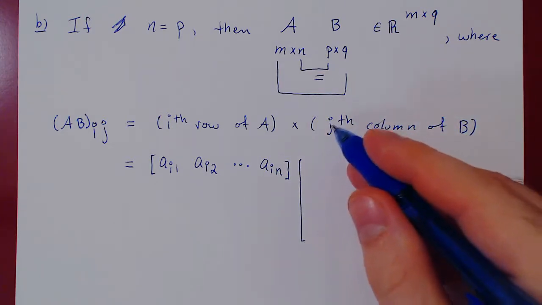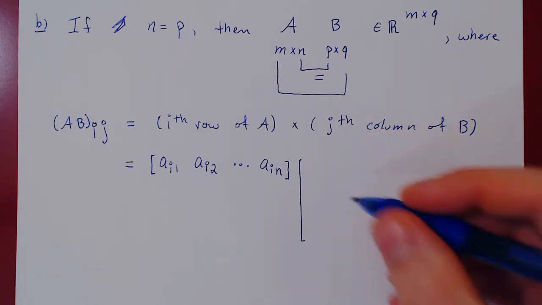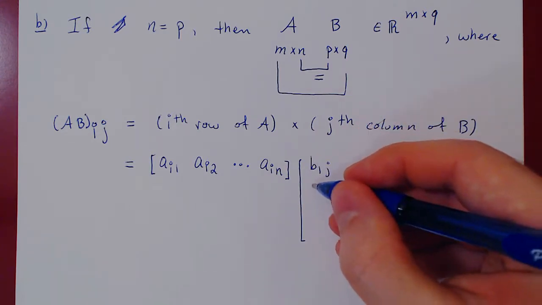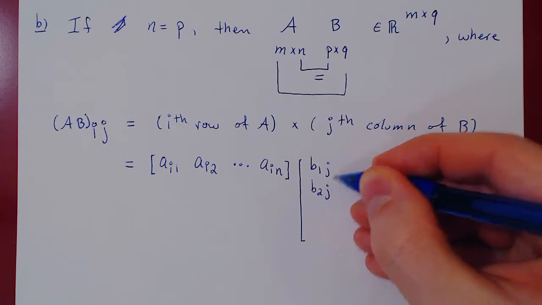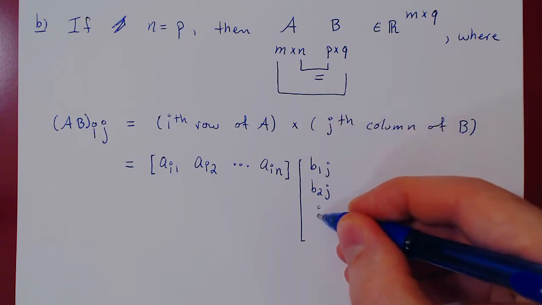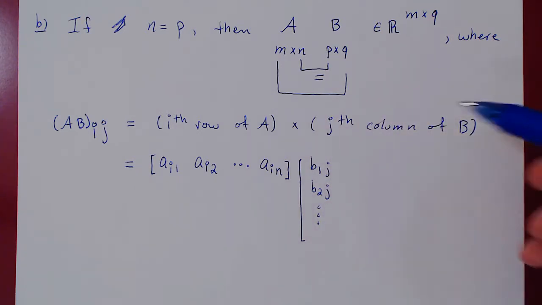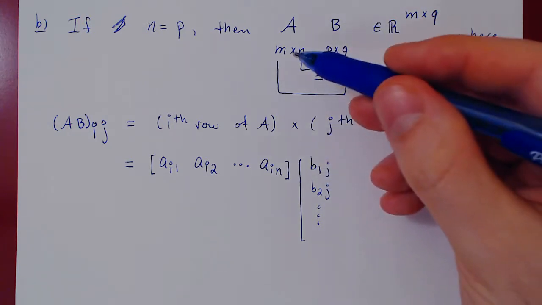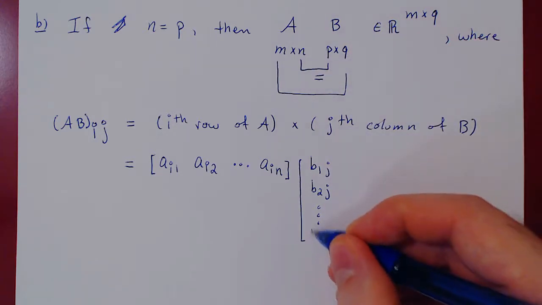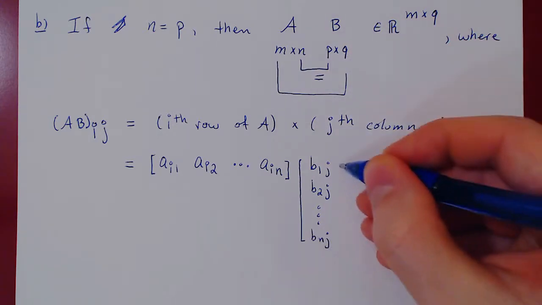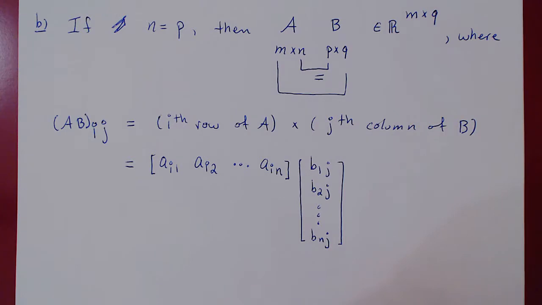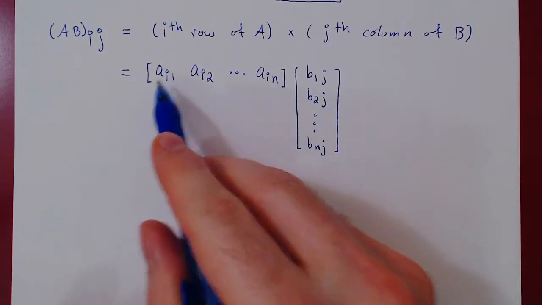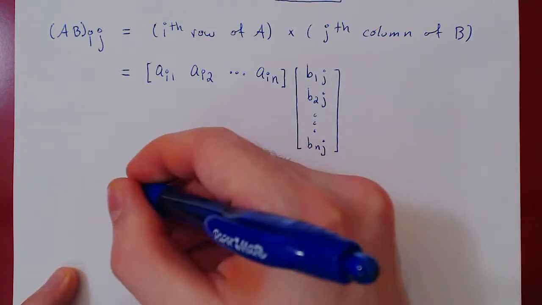Well, we are now in the jth column, so we fix the second index being j. This would be b_1j. Second row, b_2j. We're still in the jth column, up to the nth row. B is a p by q matrix, so there are p rows, but as n equals p, we can stop with b_nj. All right. Well, we know how to carry out a multiplication between a row and a column matrix.